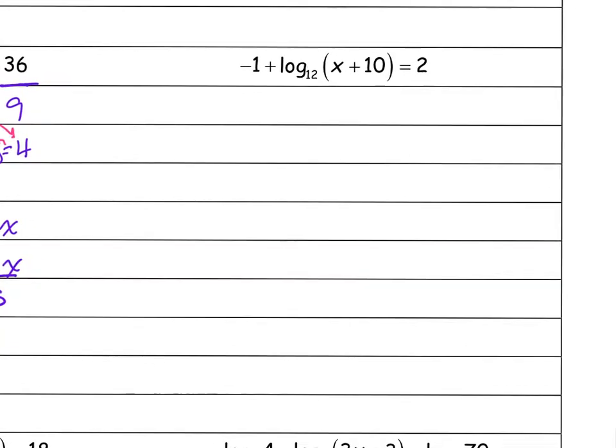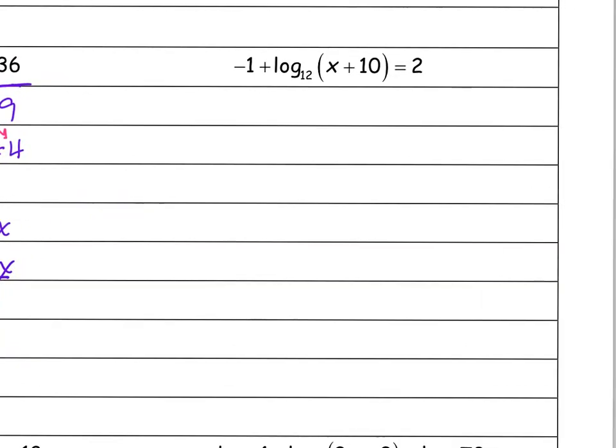Okay. So I'm going to go ahead and highlight my log and what I need to get by itself. So here's my log. This is what I need to have all by itself. Okay, so it says negative 1 plus. So what's the opposite of subtract 1?